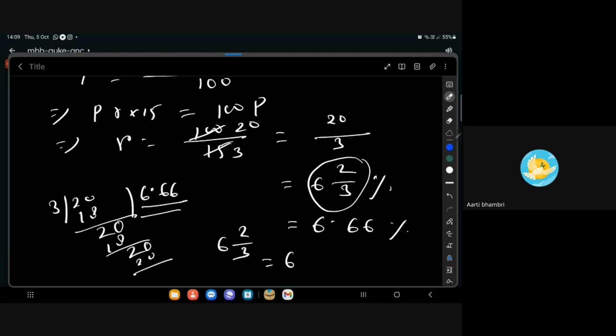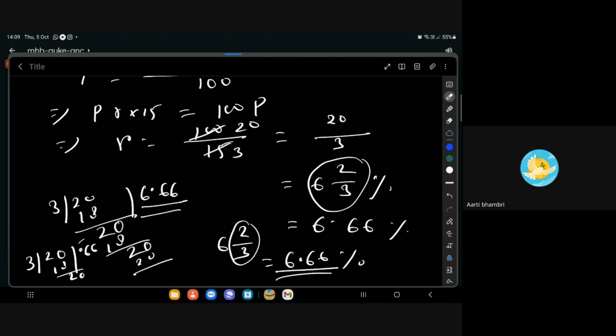So 6 is common. Then point means 6. After that you can convert it same way. So 2 is not divisible by 3, then a point will come, then 0. 3 6 is 18, 2 point is there, so another 0, 6 18, so 0.66. So any procedure you can use.